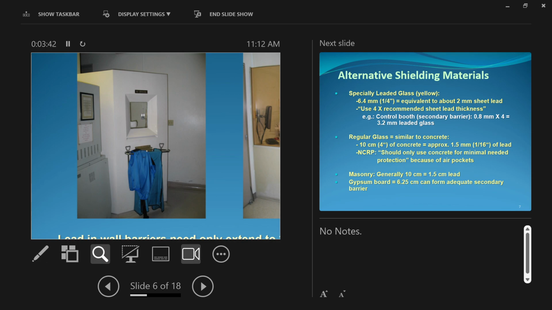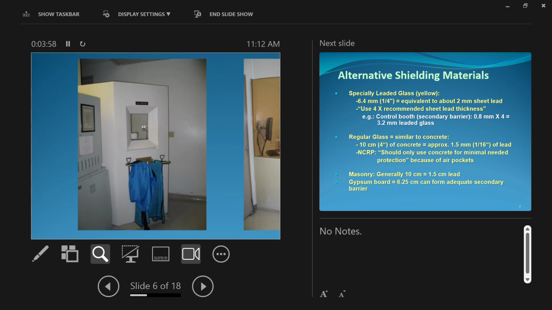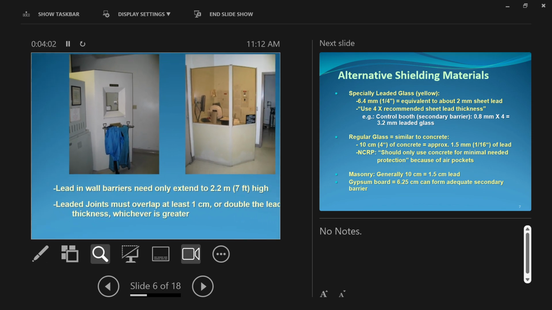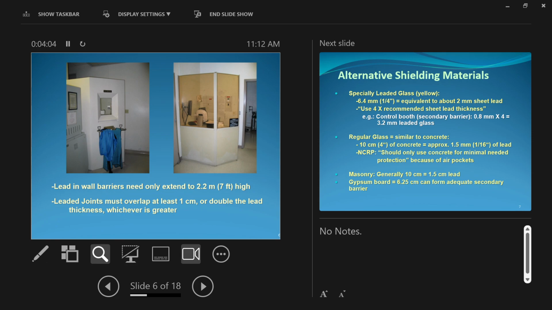That window is made of leaded glass, and you'll see a little rack on the wall to hold those blue radiation shields. But anyways, notice that barrier doesn't go all the way to the ceiling, right? It's only required to extend to 7 feet high, as I said earlier.